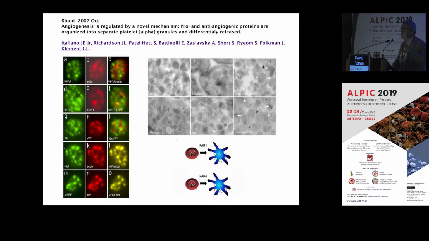So it is not quite clear by today that this is the whole story, but at least it shows that within the platelet granules, there is some differential distribution of the different cytokines, and stimulation of release from one would create an increase in VEGF, and the other one would create an increase in thrombospondin, for example.